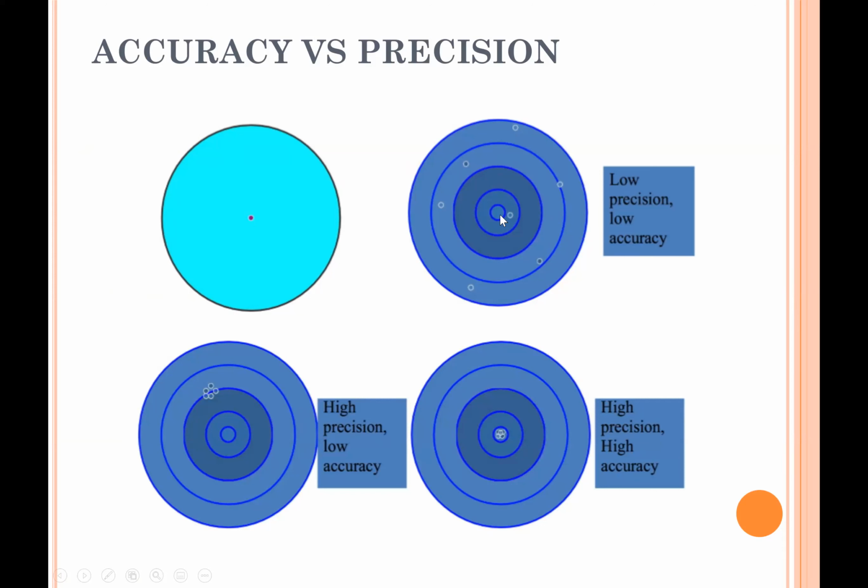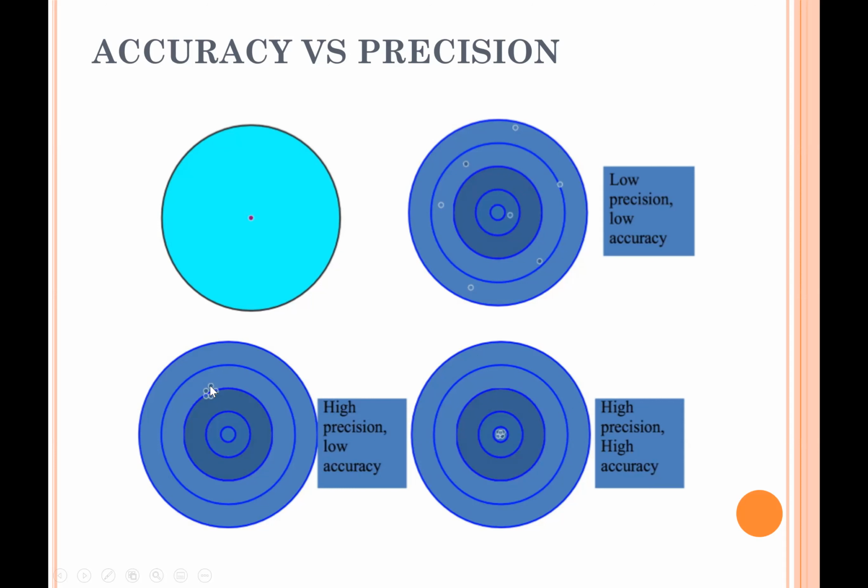There is no reading at the true value, and all these we have 7 readings. All 7 readings are scattered. That means no precision and no accuracy. कोई भी reading true value के पास नहीं है, no accuracy. कोई भी reading एक दूसरे के आसपास भी नहीं है, no precision. So this first figure that you see is indicating low precision and low accuracy of the instrument.